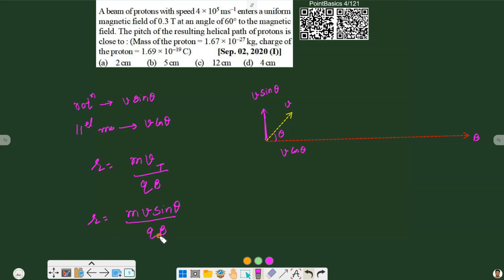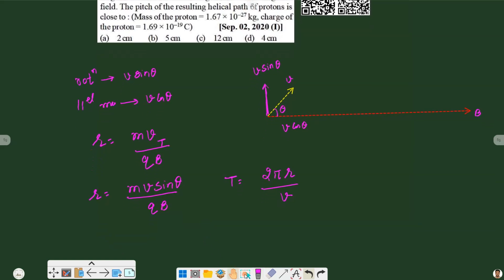Now the time period in a total circle will be given by the total circumference, that is 2 pi r by velocity. So we have to find r by v from this expression. r by v will be m sine theta by qB.